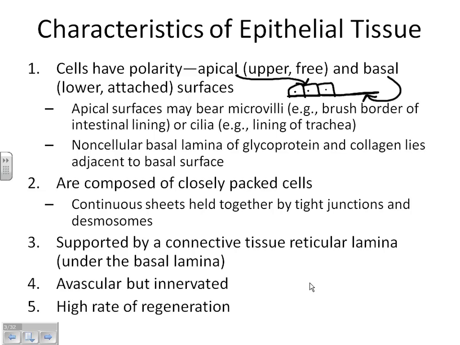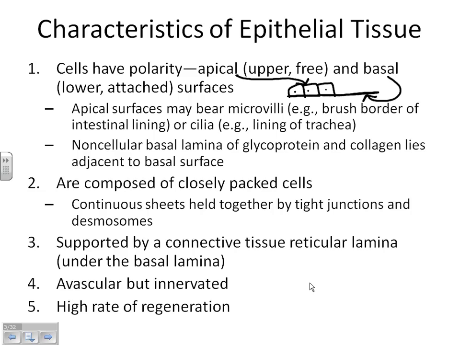The apical surface is always free. Basal surface is connected to some other type of tissue. So it's kind of a hint for you when you're in lab and you're looking at these tissues. If you see a big area of empty space and then the tissues down below it, that's the apical surface of epithelial tissue, usually by that big empty space.